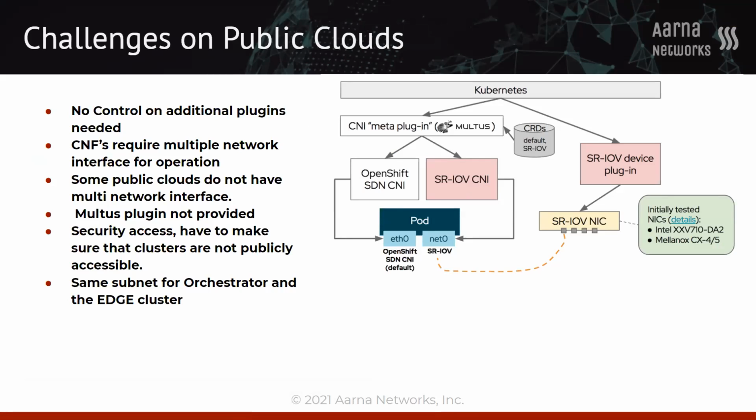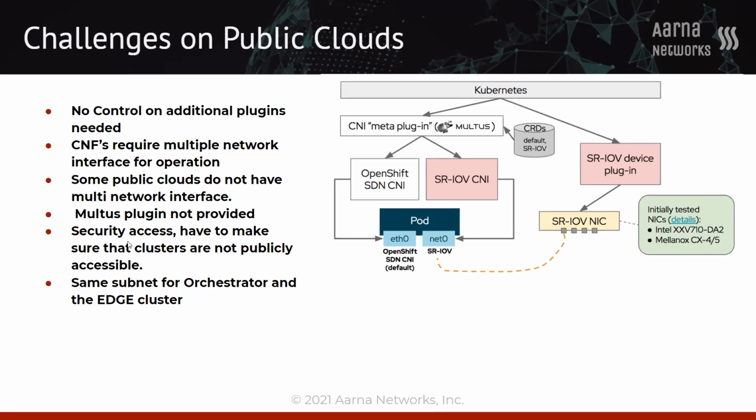So in that scenario, what we ended up doing was to take the VMs from the public cloud and create our own cluster ourselves. That way we have the ability to add as many plugins as we want, and then build the cluster and deploy the necessary CNF on it.